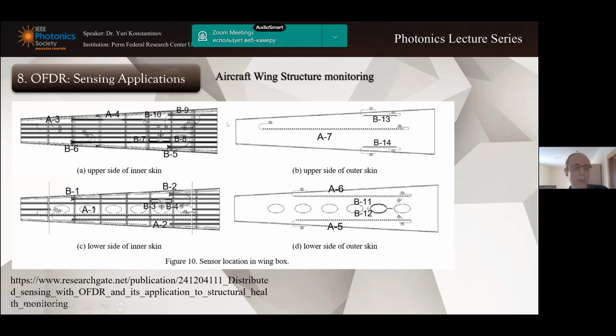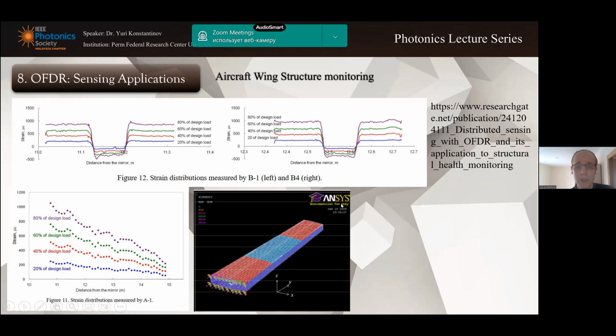And after that, they provided the measurement and FEA simulations, and they showed that their simulation was confirmed by the OFDR, and they achieved very high resolution for this, and their research was rather successful.